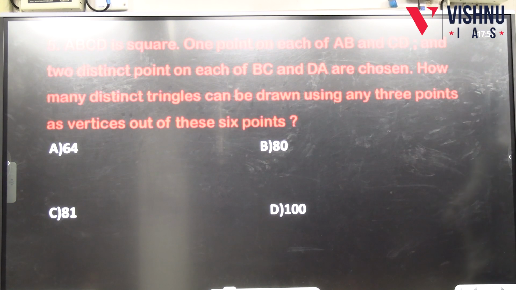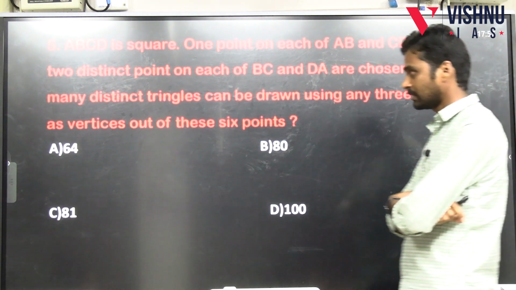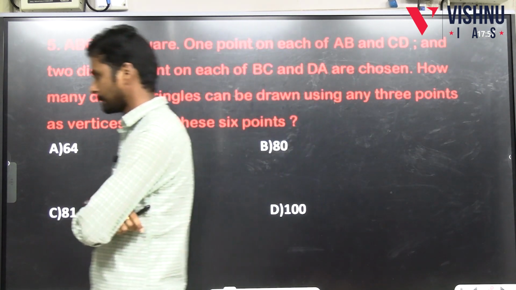How many distinct triangles can be drawn using any 3 points as vertices out of these 6 points? Okay.